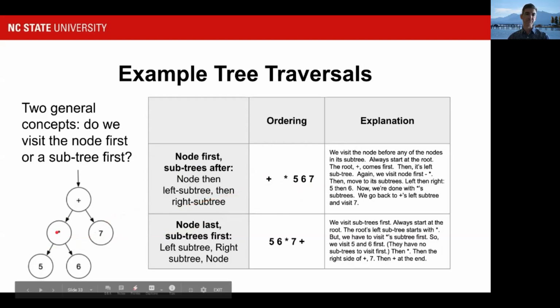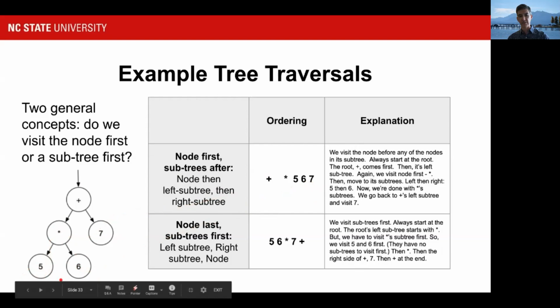And then we do this process recursively. We go to star's left subtree, and so we visit 5. And so we say we visited 5. 5 doesn't have any subtrees, so there's nothing else to do. So that means we come back up and we say, okay, we last visited star's left subtree. Now we have to visit star's right subtree. So now we visit 6 next.